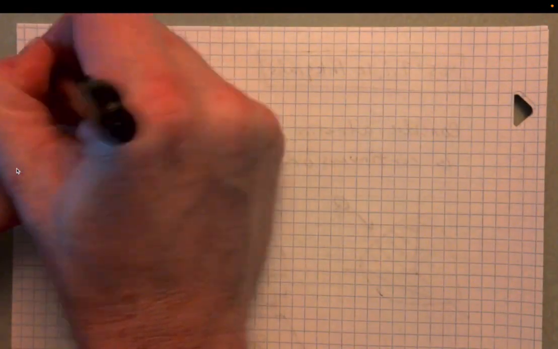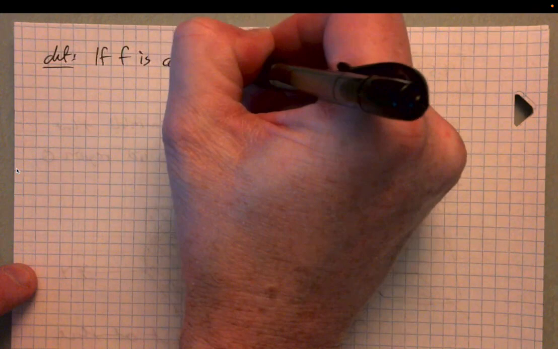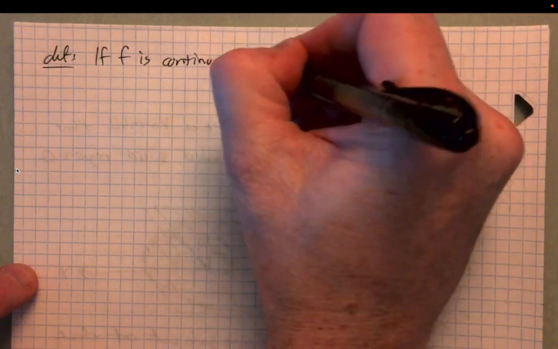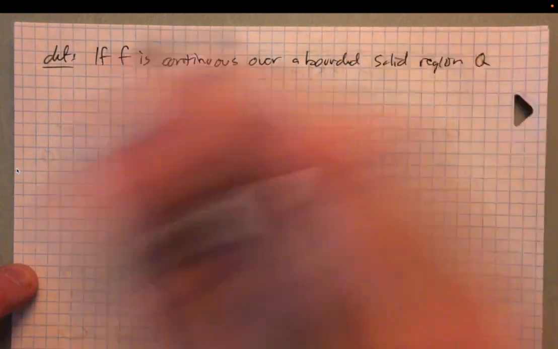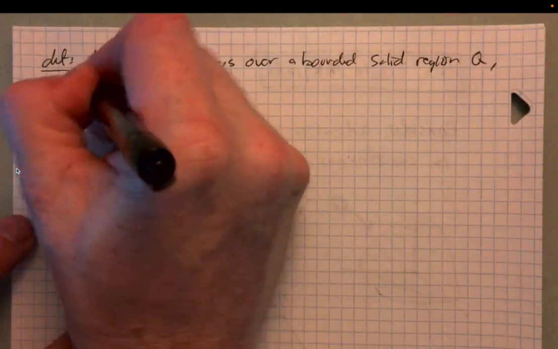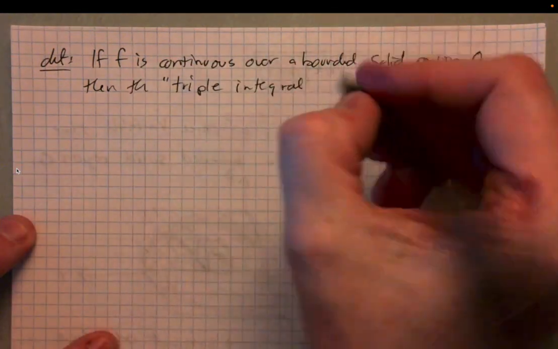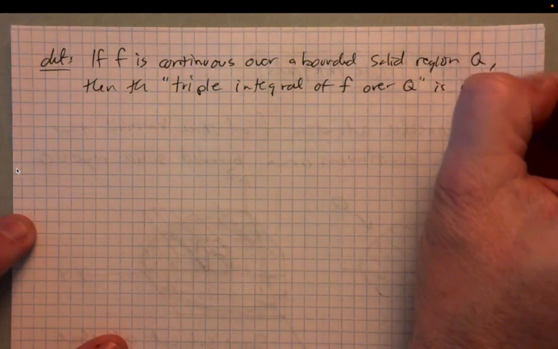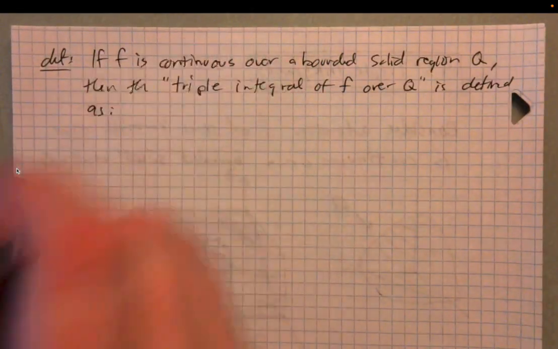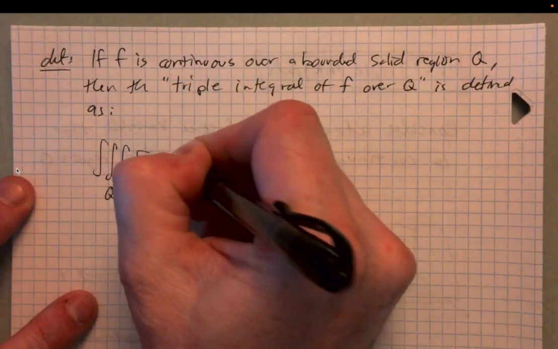Okay. So, definition. If f is continuous over a bounded solid region Q, then the triple integral of f over Q is defined as, okay, we just kind of use this notation, 3 integrals, and times f of x, y, z dv.